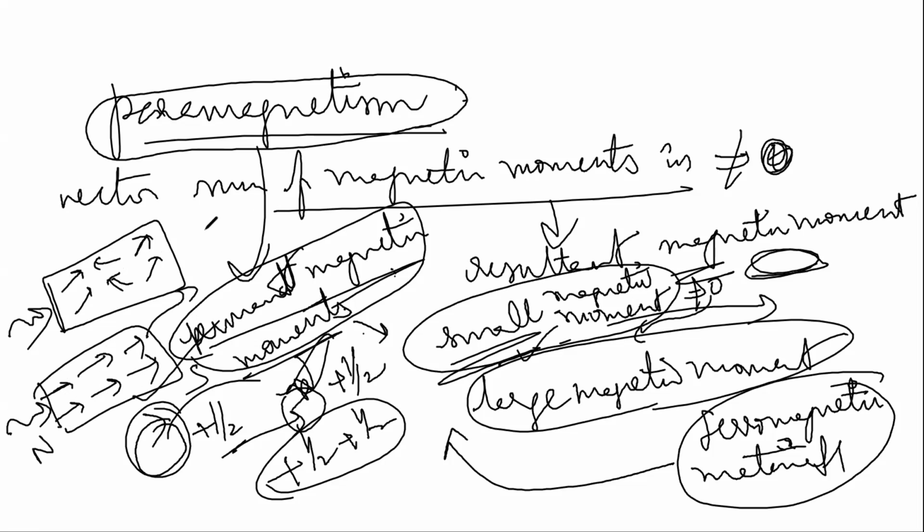Such types of materials are called paramagnetic materials. But when they exhibit high magnetic moment, high magnetism, such types of materials are said to be ferromagnetic materials.